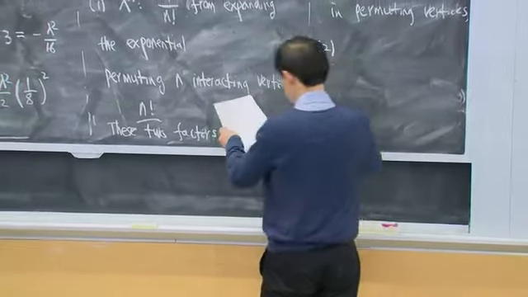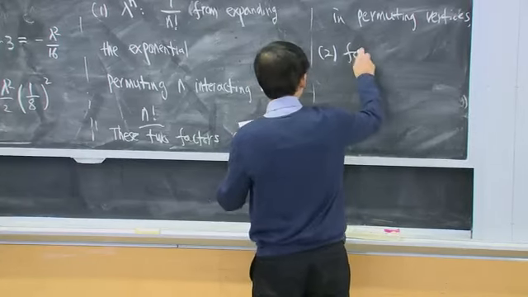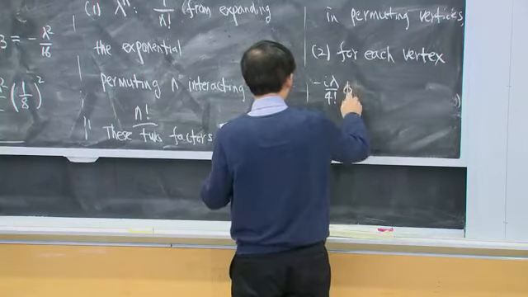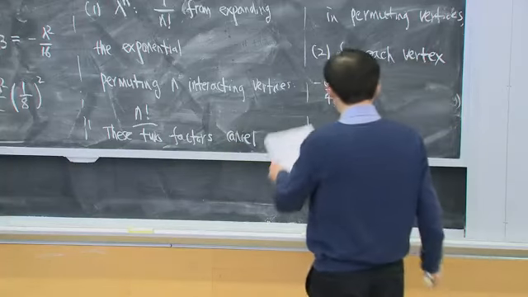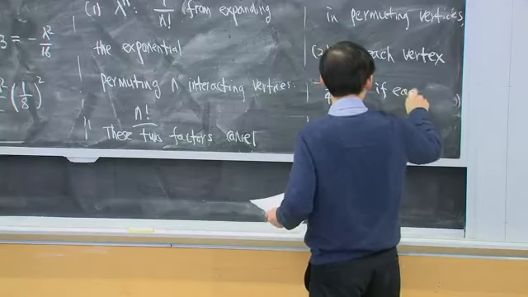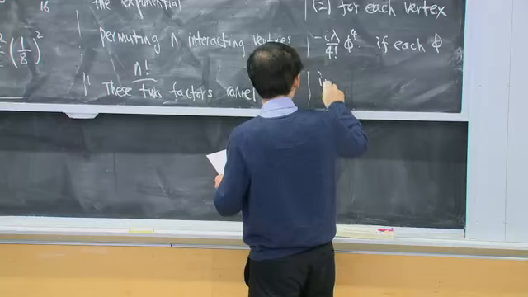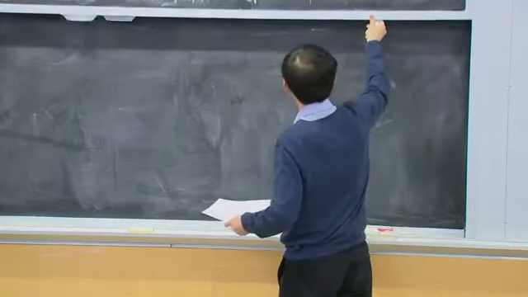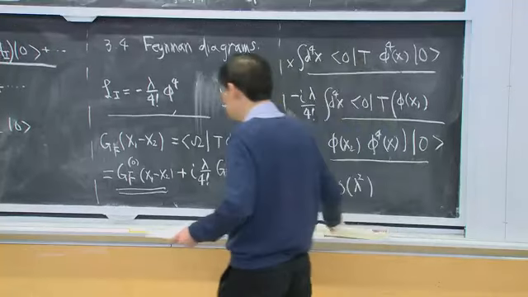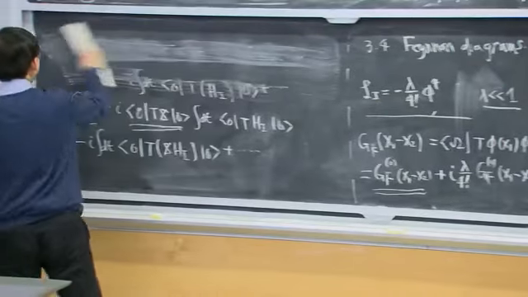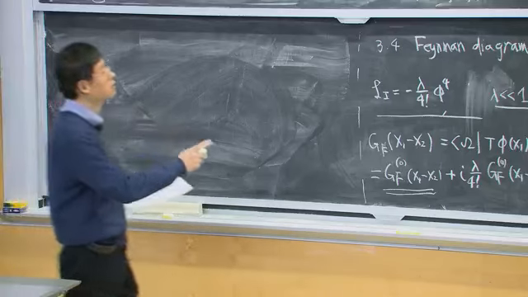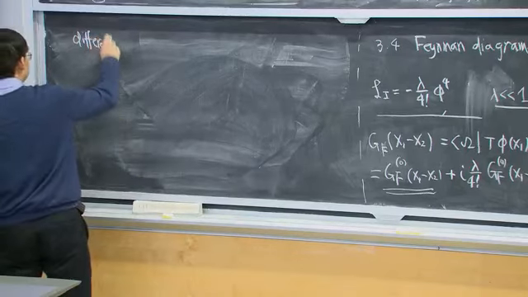The second observation is that for each vertex, you have minus i lambda divided by 4 factorial phi to the fourth.